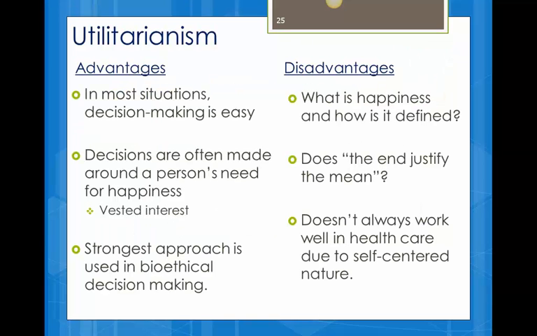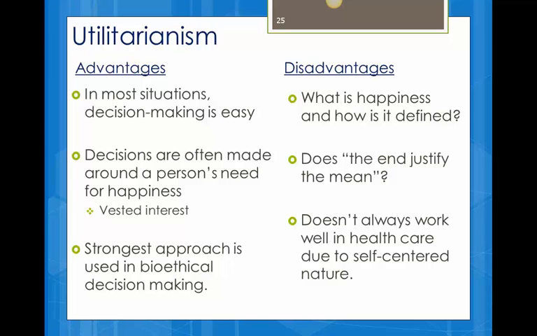So let's look at some advantages. In most situations, the decision making really is easy. So a follower can justify many of the decisions based on the happiness of the individual or potentially the public. Decisions are often made around a person's need for happiness. So if you're the one involved in the situation, you are going to do what's in the greatest interest of you and what's in the greatest interest to keep your needs met and you happy.